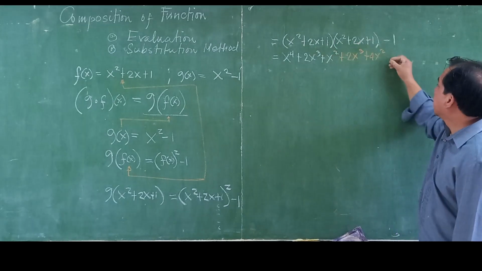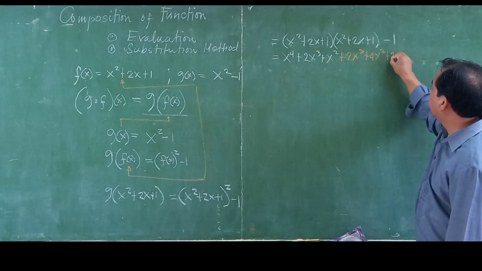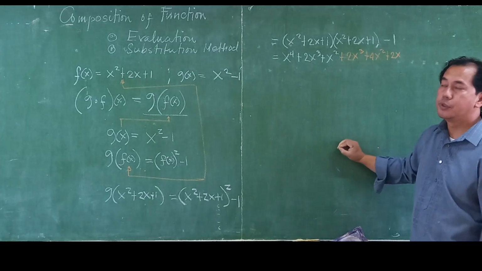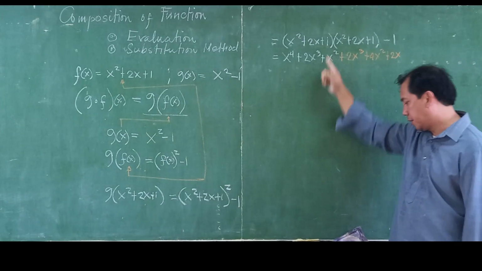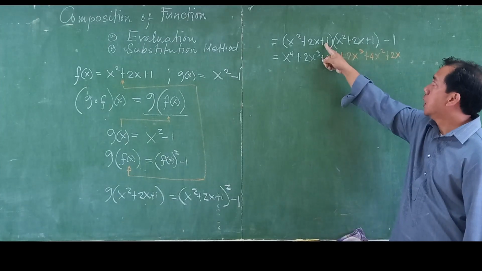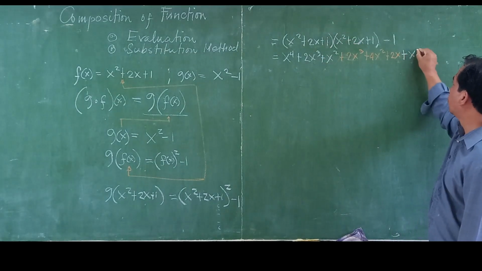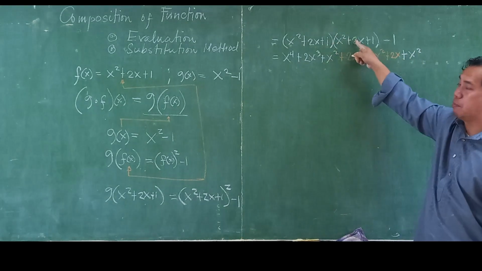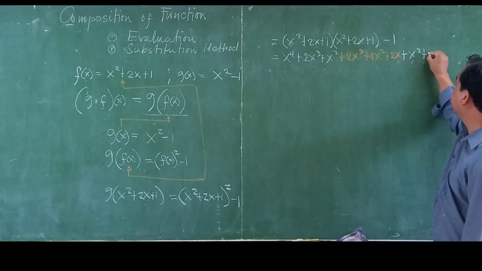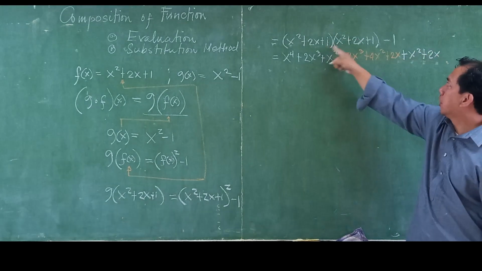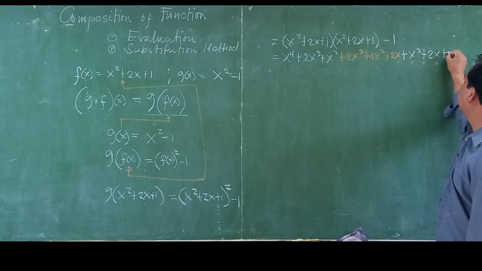Then multiply, that is the same as positive 2x. What's the next? This one. You distribute. 1 multiplied by x raised to 2, positive x raised to 2. 1 multiplied by positive 2x, positive 2x. 1 multiplied by 1, positive 1.